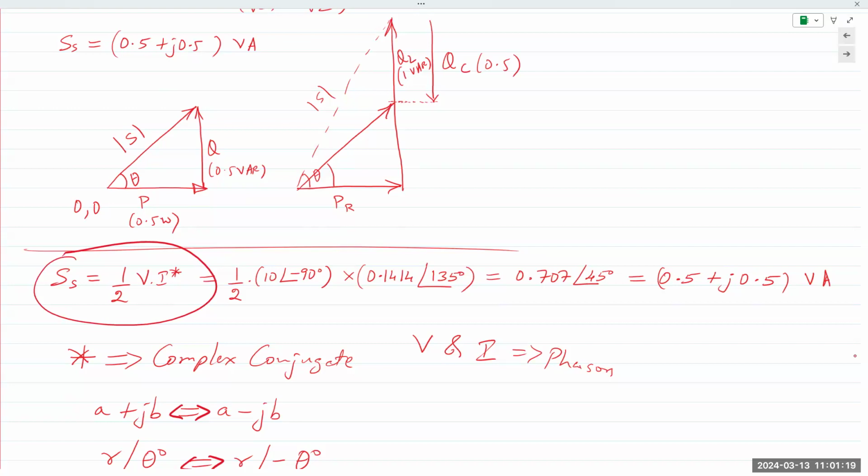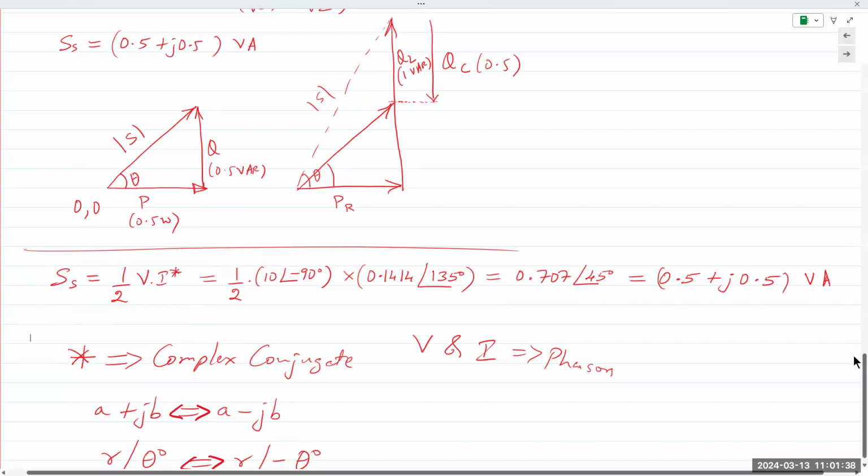You can find power for every single component and add it all up; that would be the total power being supplied by the source. That's the first approach we took. The second approach was using the power triangle relationships. And this third approach is, of course, just applying the equation directly. And you'd still find the exact same answer, 0.5 plus j0.5.